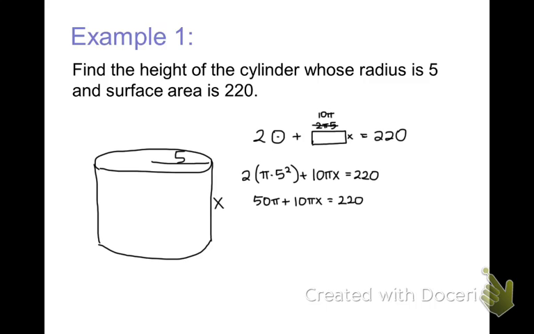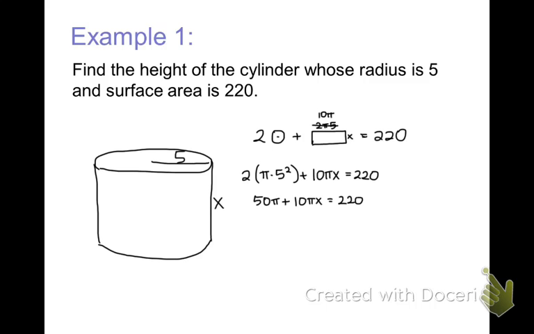All right, what should I do next? Isolate X. How can I start isolating X? He said subtract 50 pi.